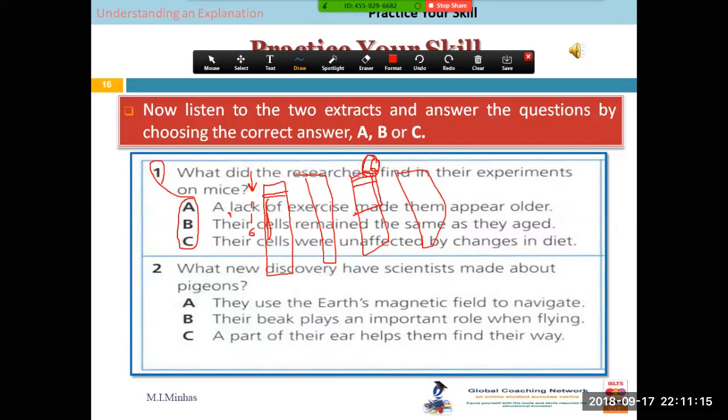Then they will play the recording, and you attempt these questions. After that, they will give you some time to look at question number 7 to 10. Again, look at these 4 questions, then listen to the recording and attempt them. Once you have attempted all these questions, they will give you time to look over all your answers, like the answers of 1 to 10.